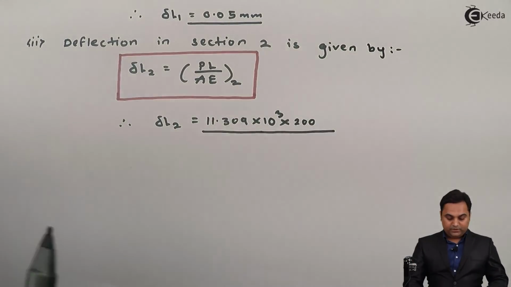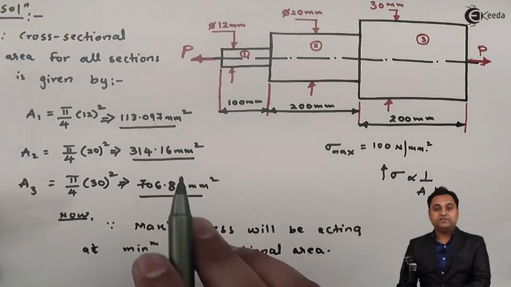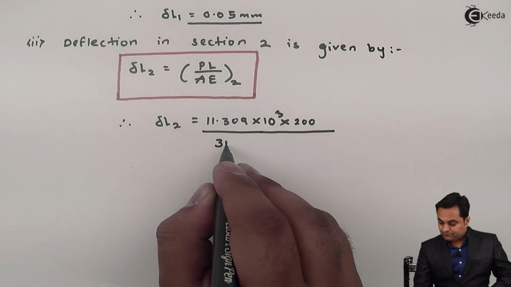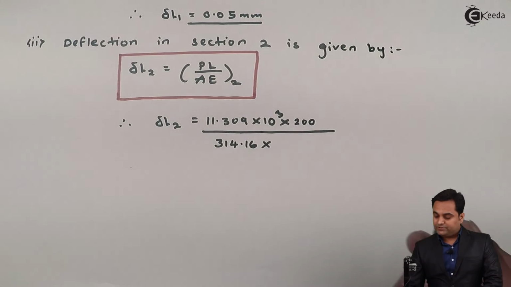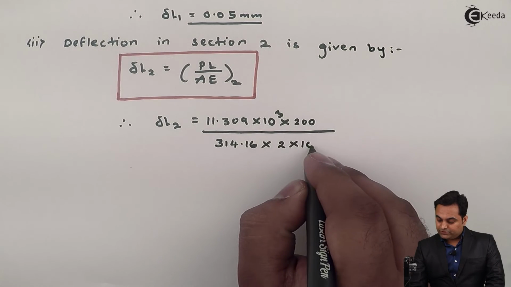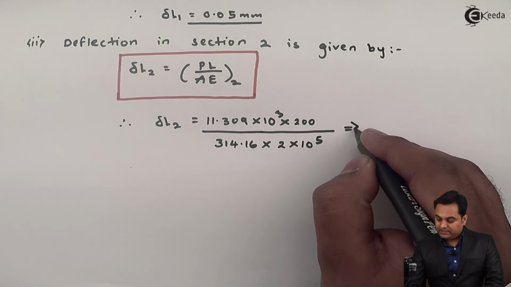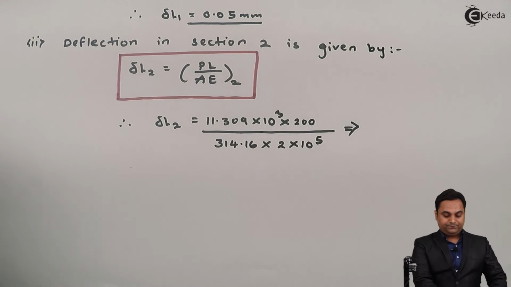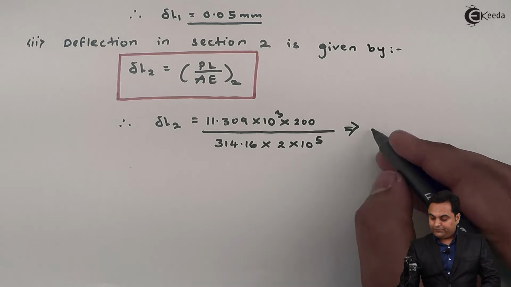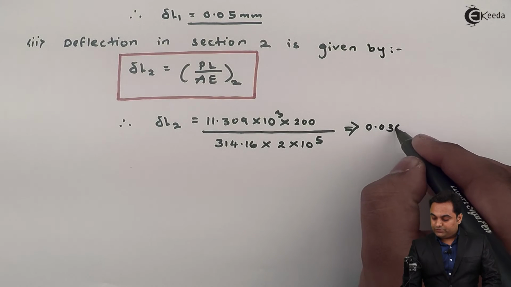Area was 314.16, into Young's modulus, 2 into 10 raised to 5. So from this I'll get the deflection in the second section and my answer is 0.036 mm.